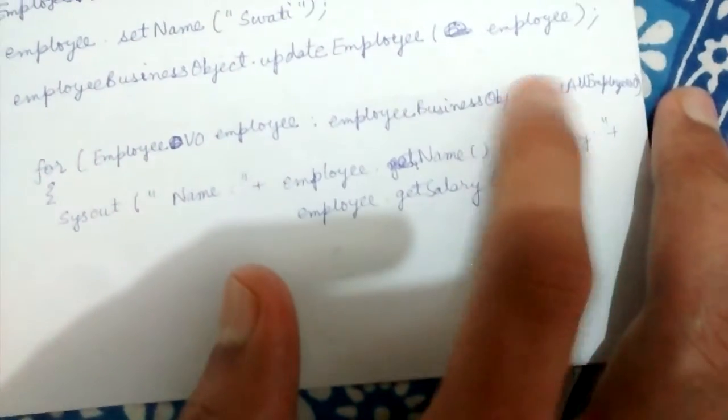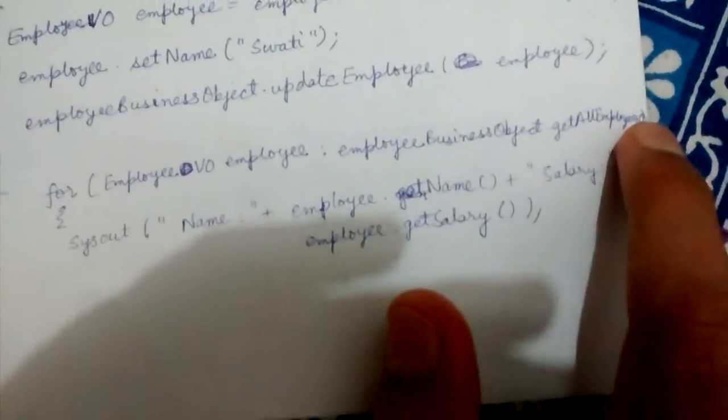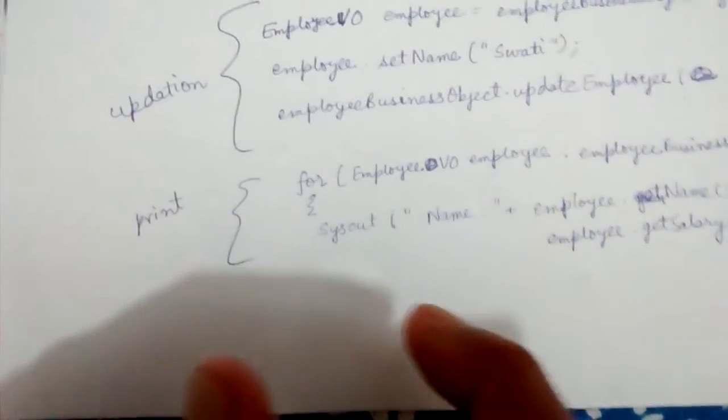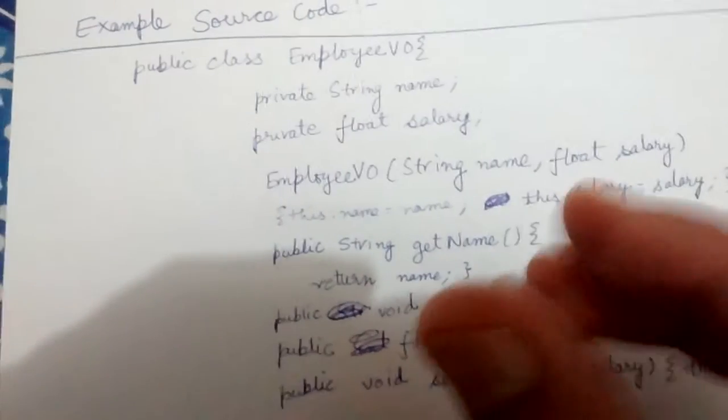The server will return all the employees in the form of employee VO objects. So any kind of transfer of information takes place in chunks of the employee VO object. Hence the employee VO is the basic unit, the basic POJO, and it's called the transfer object.